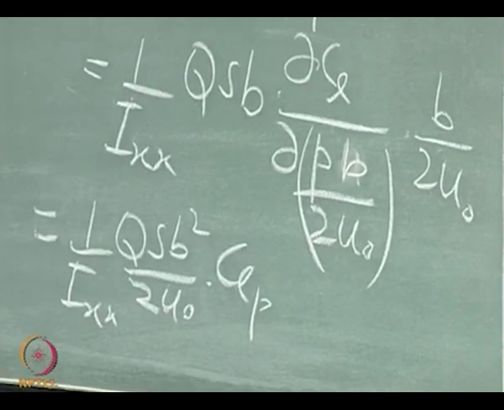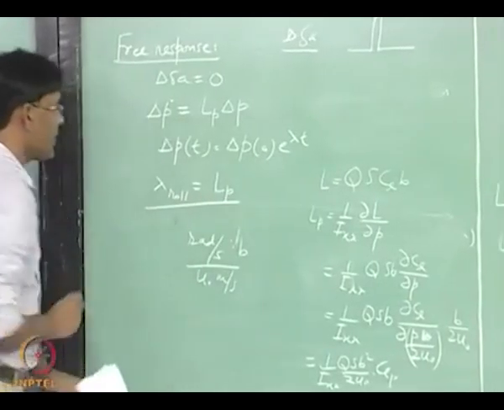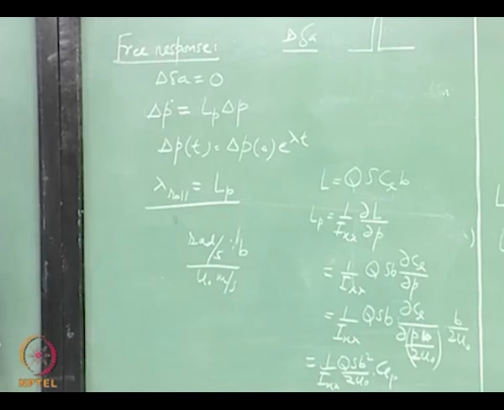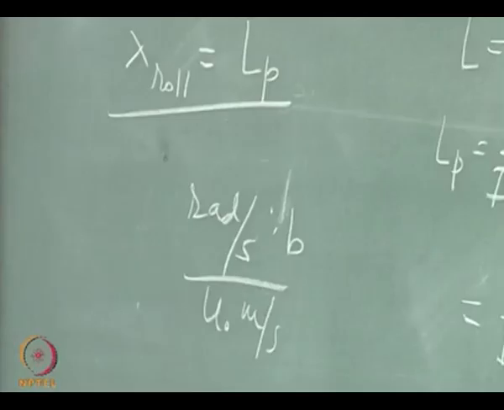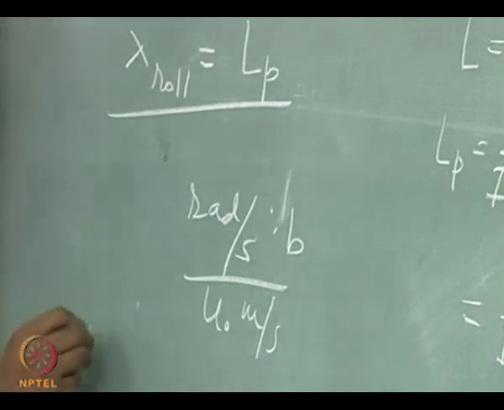Right. So this is my roll mode eigenvalue. Lp is usually negative, so the roll mode is stable. Now, lambda has to lie in the left half complex plane for the motion to be stable, right, and Lp is negative.